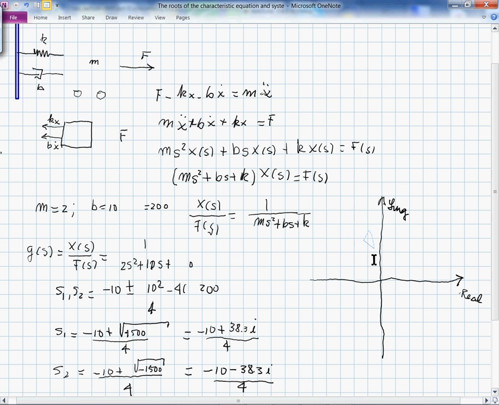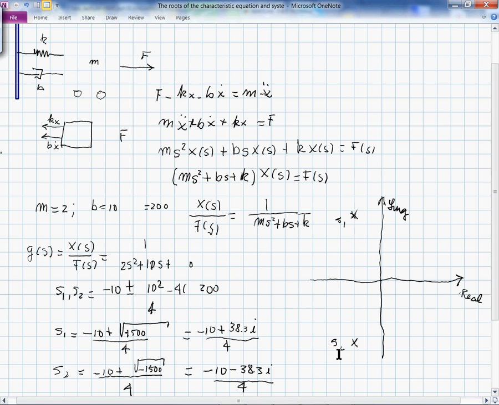Okay, where in this plane are these roots? See, minus 10 divided by 2 would be minus 5, someplace in here, and then plus 38, so that would be something like this, yeah? And the other one would be the same, but the complex conjugate pair. So in here you have S1 over here, and you have S2 over here.